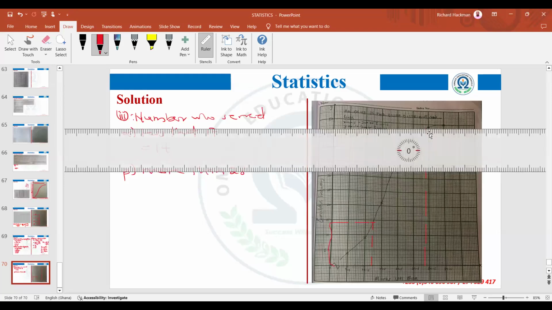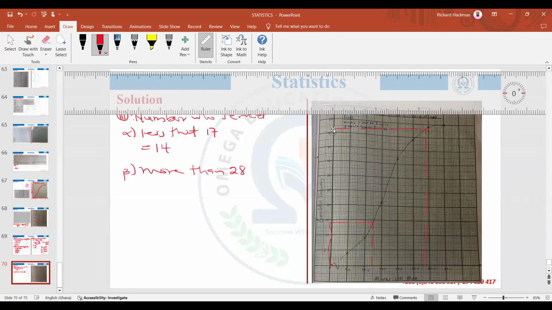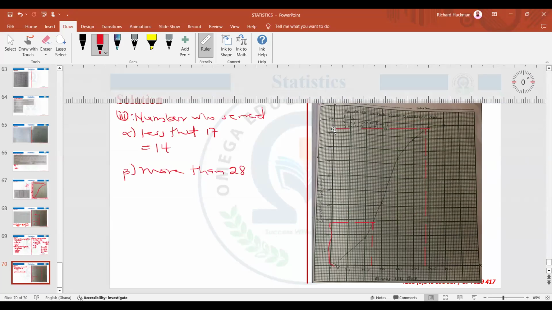Because the graph is bending, I won't get the true reflection, but if you understand, that's okay. So what reading will you get there? Please take notes: if you are looking for those who scored more than 28, in terms of marks, it will be here going. Do you agree?